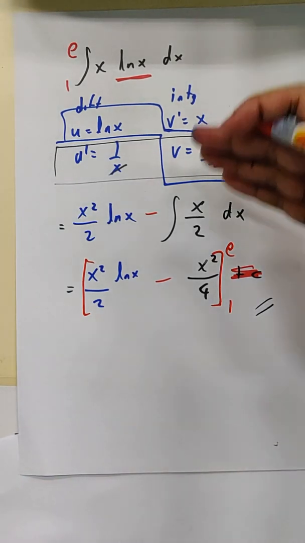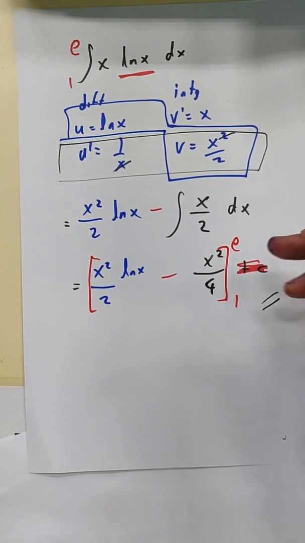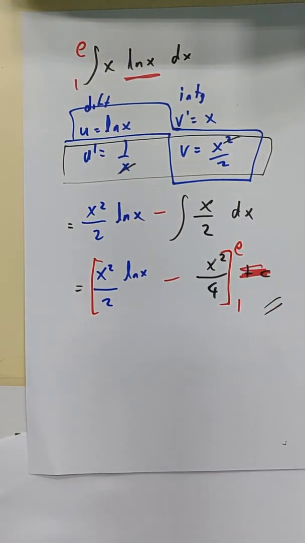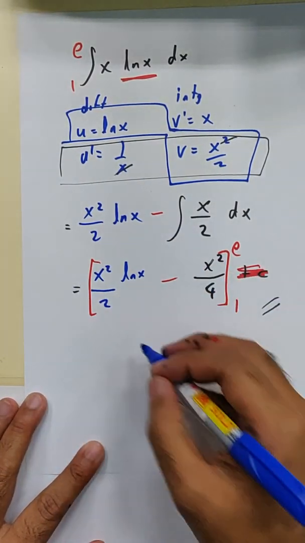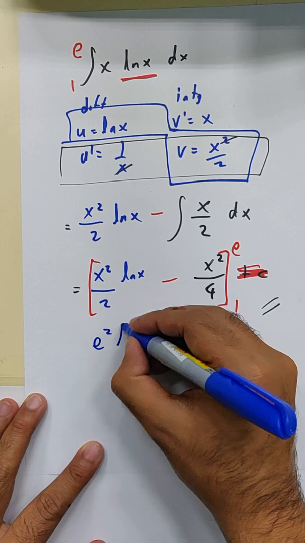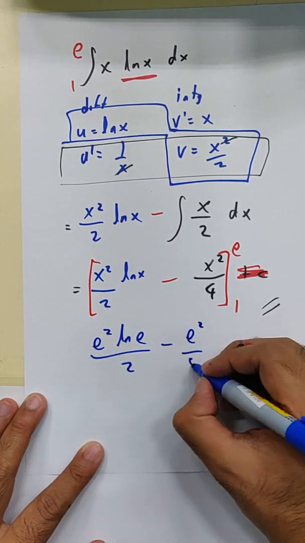Only after I finish my integration by parts until the end, and I'm satisfied with my work, then only I substitute the e and 1, which will give me the answer of e squared ln e over 2 minus e squared over 4.